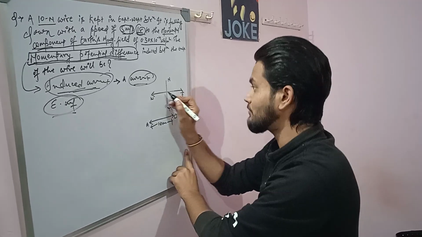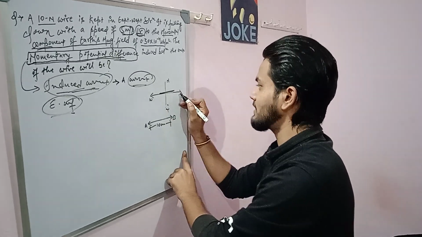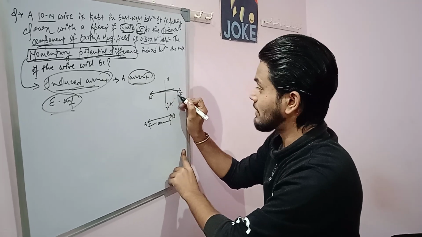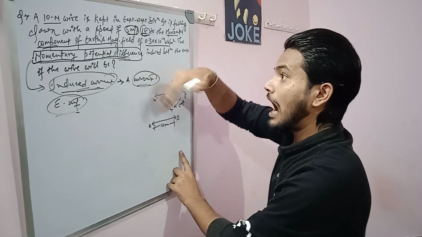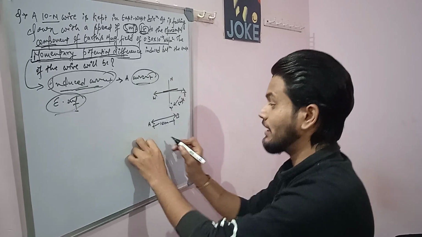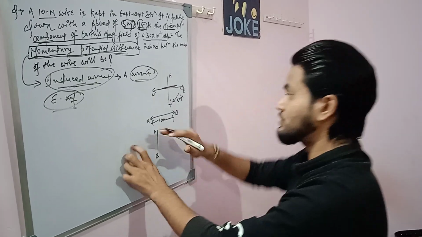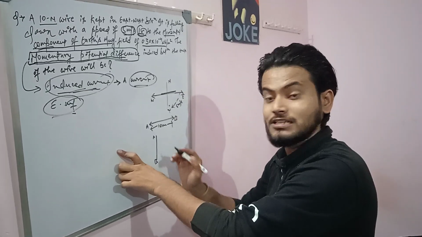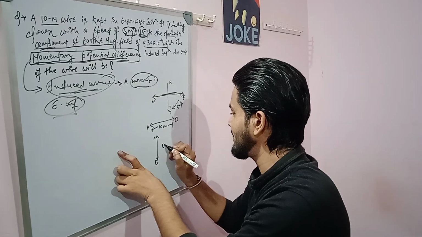The wire was kept in this direction, and after that it started falling down with a speed of 5 meter per second. After some time the wire is falling in the vertical direction. The same wire AB, which was in the horizontal direction, comes into the vertical direction with a speed of 5 meter per second.